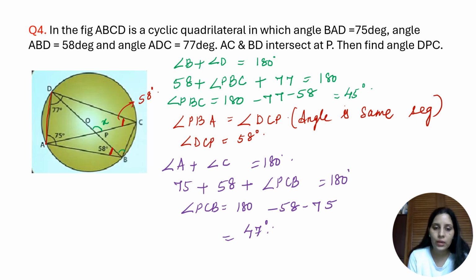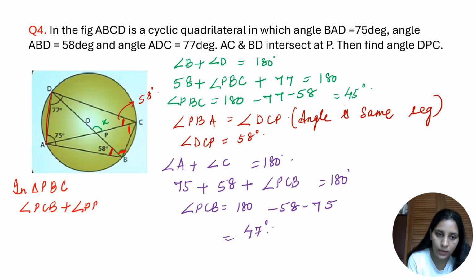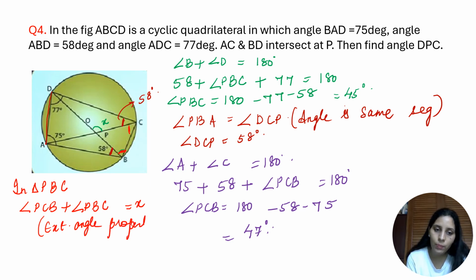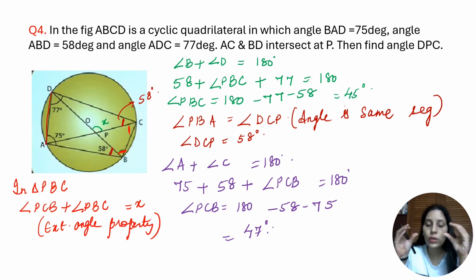Now, we need to find this x. How do we do that? Here we have this angle and this angle. If I consider triangle PBC, angle PCB plus angle PBC is equal to x. This is the exterior angle property. What is the exterior angle property? The sum of the two interior angles is equal to the exterior angle.